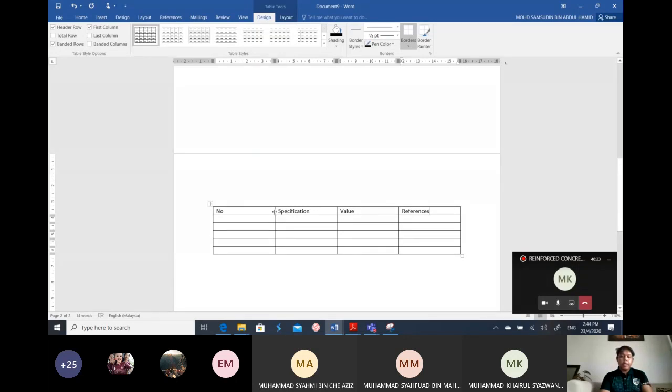For example, number 1 is your exposure class. Value is, for example, XC2, from table 4.1.